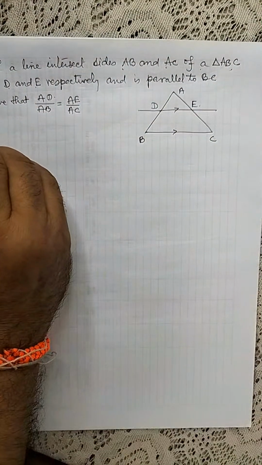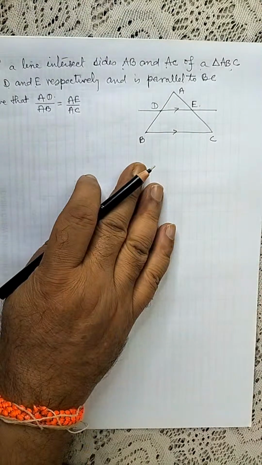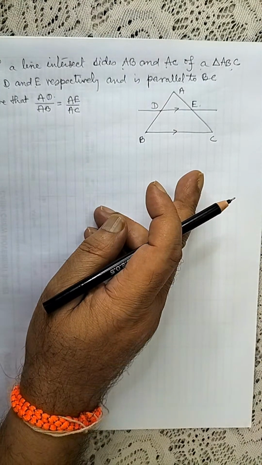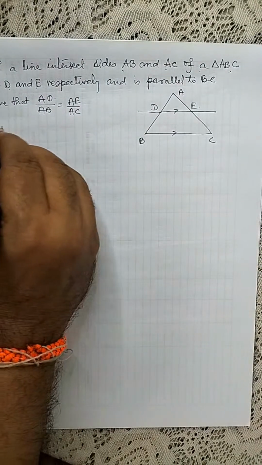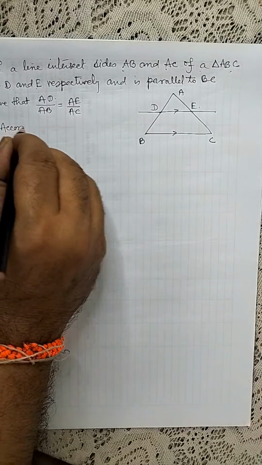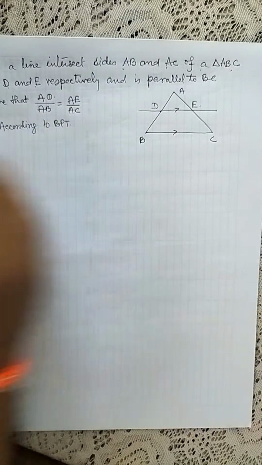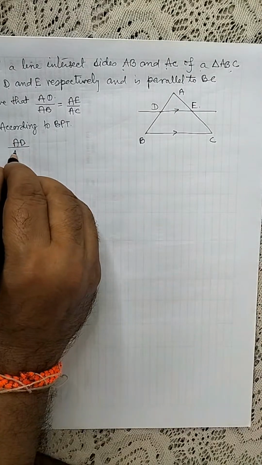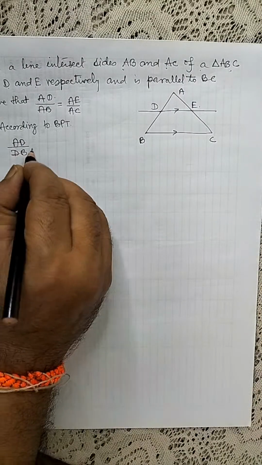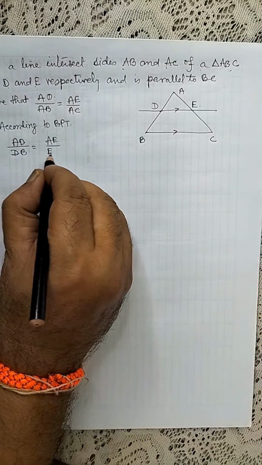The solution: just now we did a theorem which says that if a line drawn parallel to one side intersecting the other two sides in distinct points divides the two sides in the same ratio. That means according to BPT, that is basic proportionality theorem, we have AD upon DB is equal to AE upon EC.